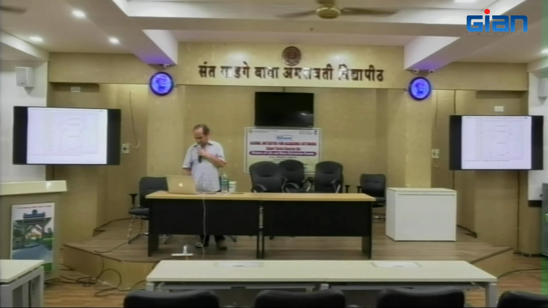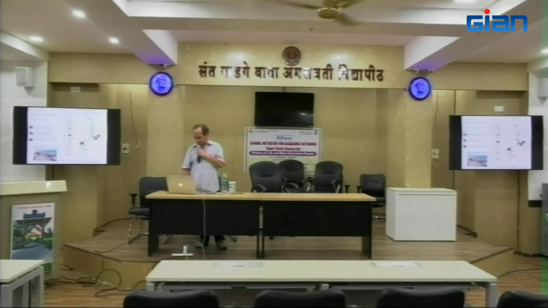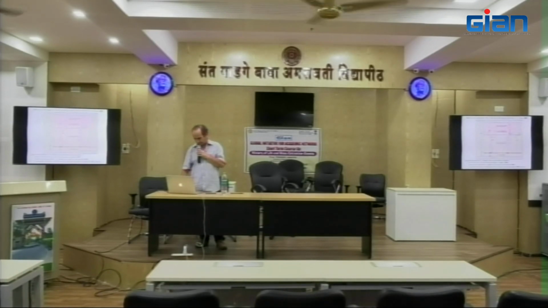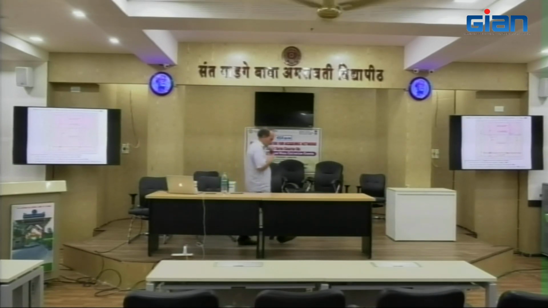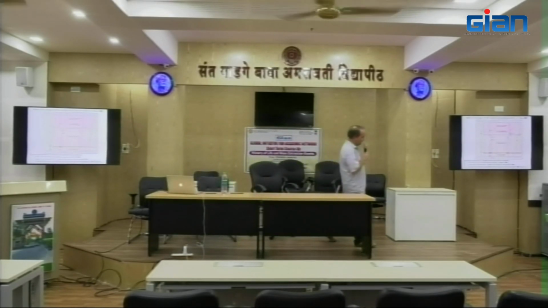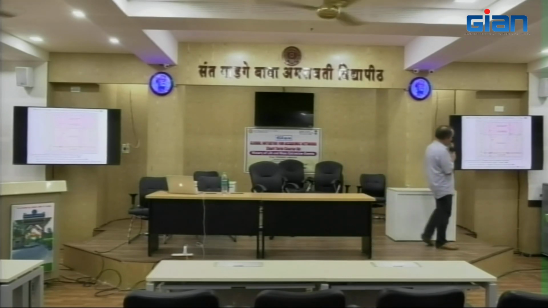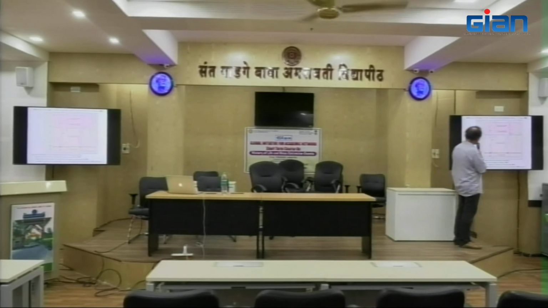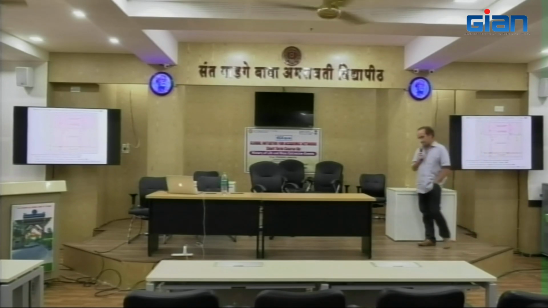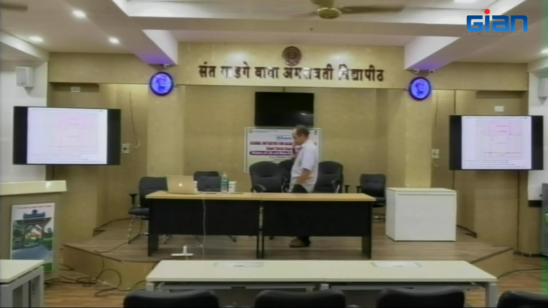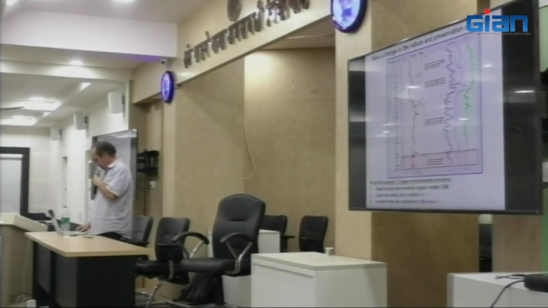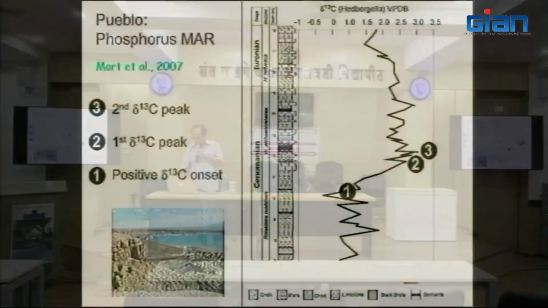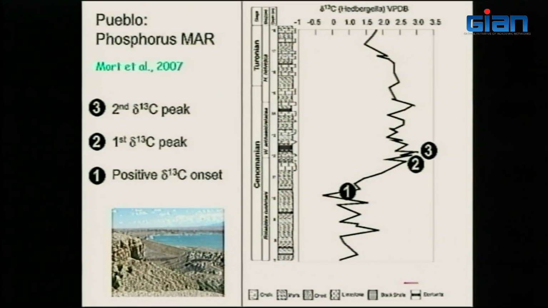And after, there is also something quite interesting. We have now calculated the phosphorus accumulation during this time, okay? So this is a stable isotope curve, delta C13.